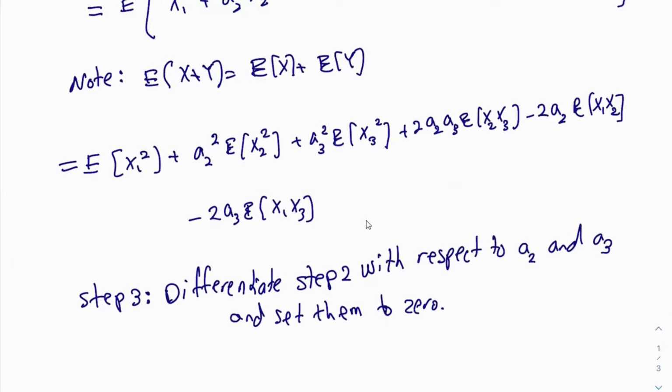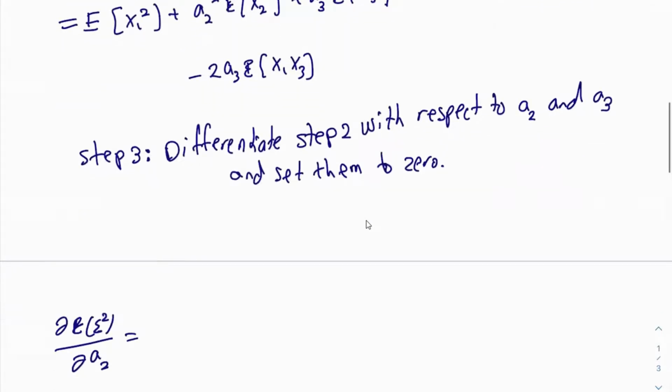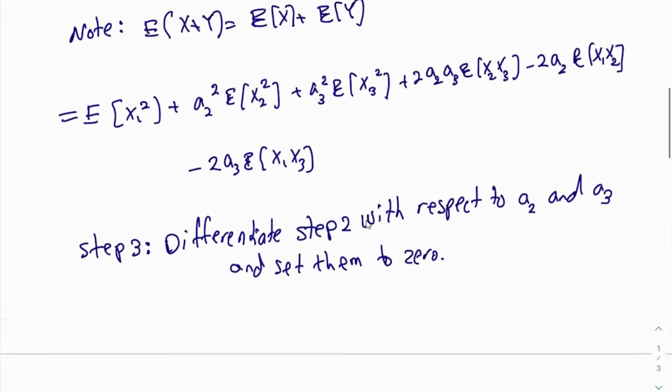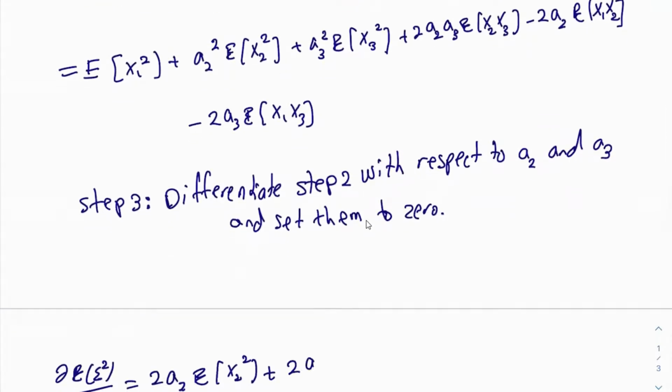With respect to a2, that's where the round is important, because now a2 and a3 are both unknown, so there are two parameters here. So with respect to a2 means that a3 is constant. You get 2 a2 expected value of x2 squared plus 2 a3 expected value of x2 x3 minus 2 expected value of x1 x2 equal to 0.